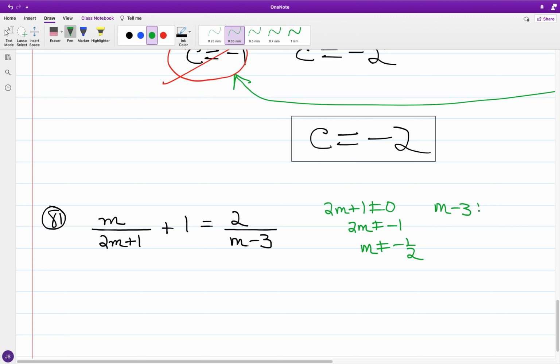And for m minus 3, since that cannot be 0 either, we have the restriction that m cannot be equal to 3. And the least common denominator will be the product of 2m plus 1 and m minus 3.